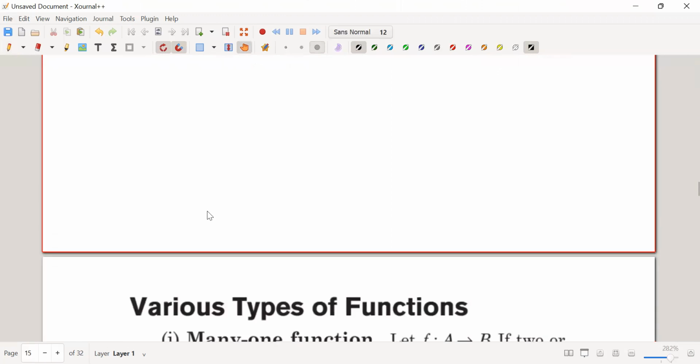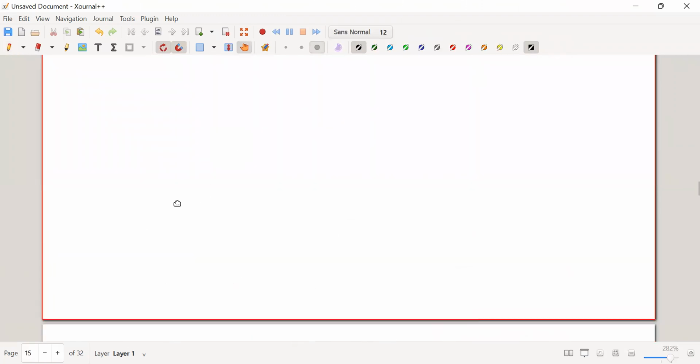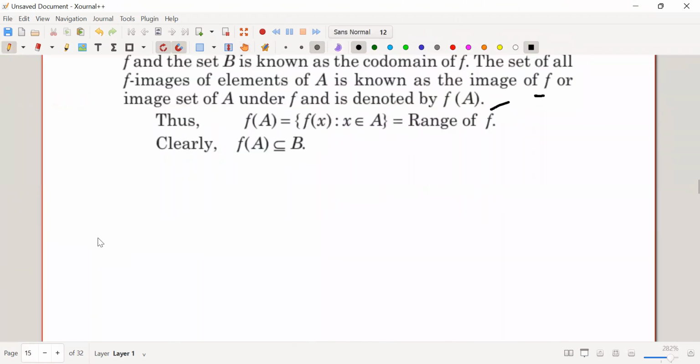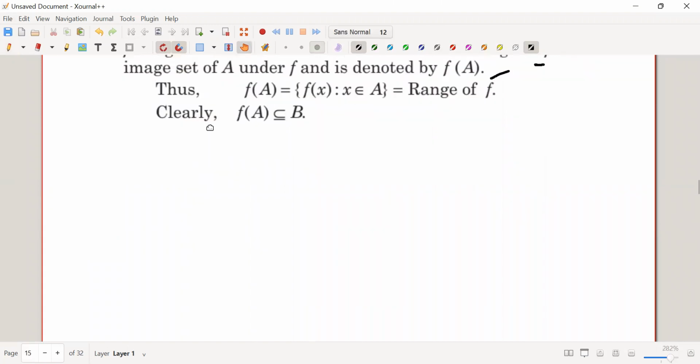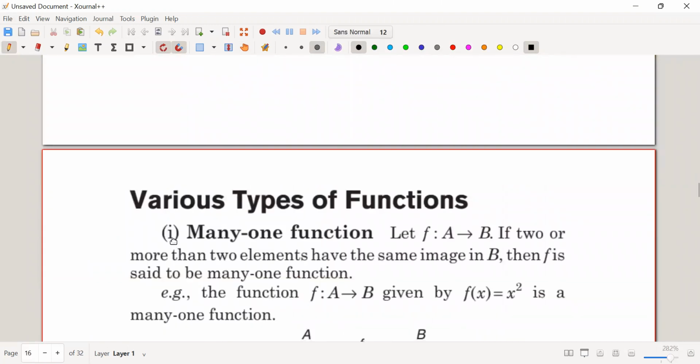Then what is range? The elements which are mapped to, only those elements which are mapped, are known as the range.